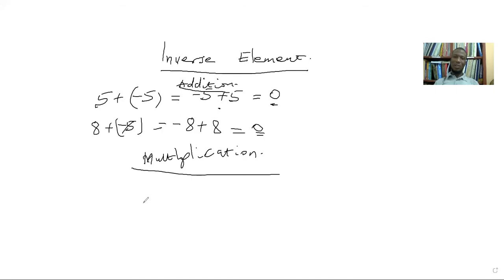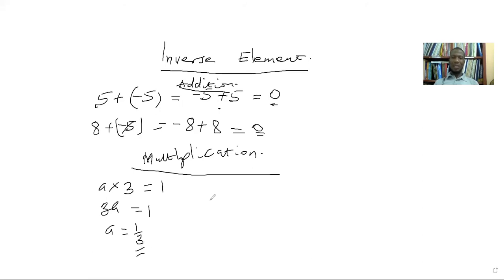So maybe let's call that number A. That means that A times, let's say 3, should give us 1. That is, 3A should give us 1. We divide both sides by 3. A will be equal to 1/3.